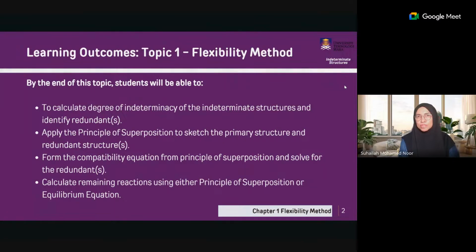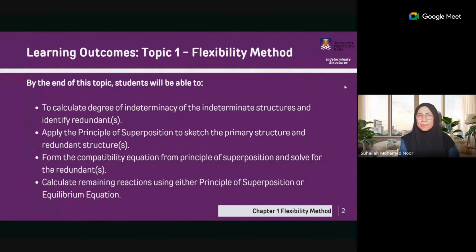The principle of superposition states that actual structure is equal to primary structure plus redundant structure, and actually the principle of superposition is based on displacement occurring at redundant position. So we will after this look at the displacement occurring for all primary and redundant structure.